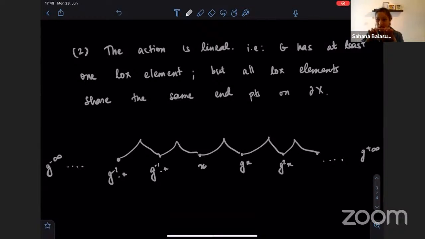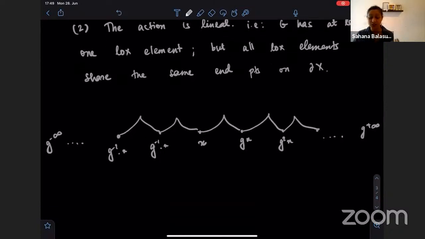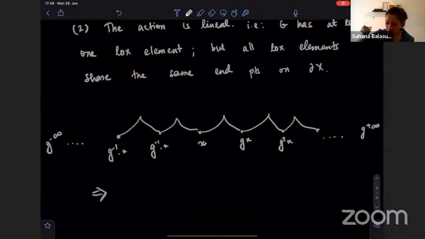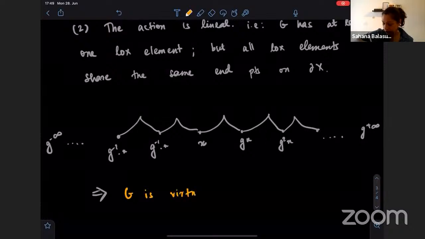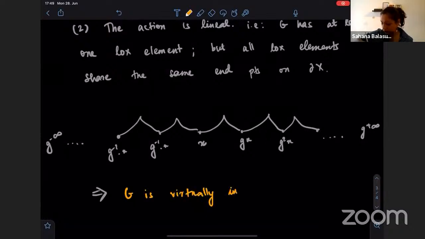It means that the entire action of the group is concentrated in this neighborhood of this quasi-geodesic that's described by the powers of G. That's why it takes the name lineal, because the group looks like it's acting along a thickened line. But in the case of acylindricity, this has a very strong consequence for the structure of the group. Because of the acylindricity, G is going to be virtually cyclic, or rather virtually infinite cyclic.